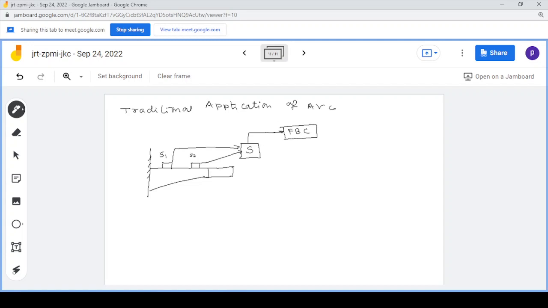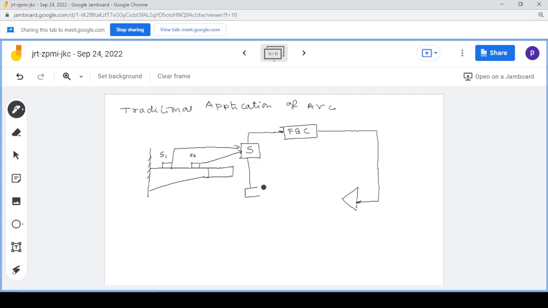After the feedback control, the signals are transmitted to the feed forward control through the summing junction. So this is a summing junction, to which the feedback control is transmitting the signal.